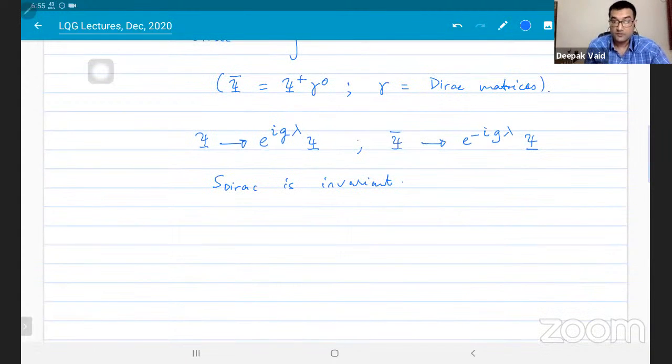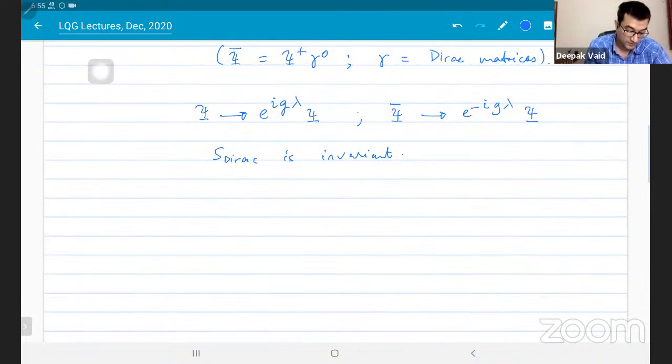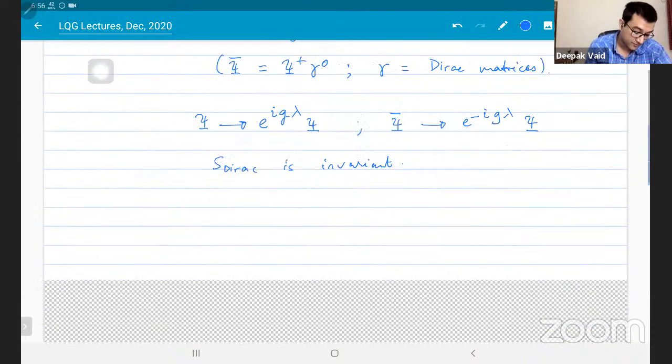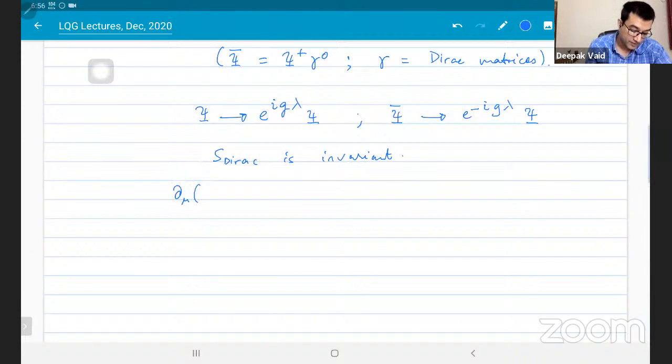And again, for the same reason as the complex scalar action, if lambda is not constant, then you have this derivative term, d mu. So you have d mu of e to the i g lambda psi, and you will get e to the i g lambda times d mu plus i g d mu lambda.